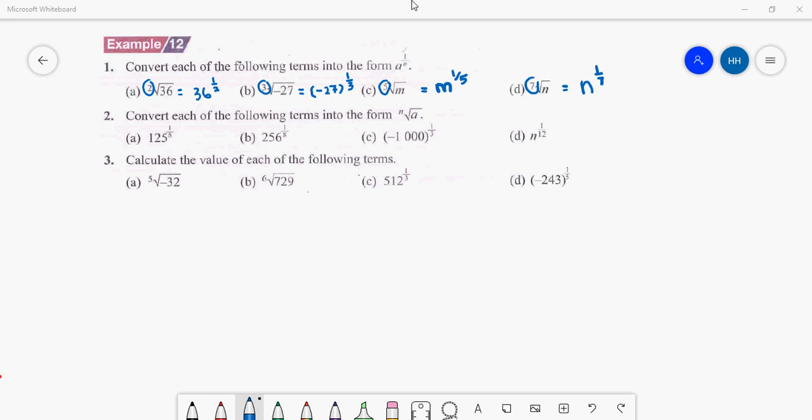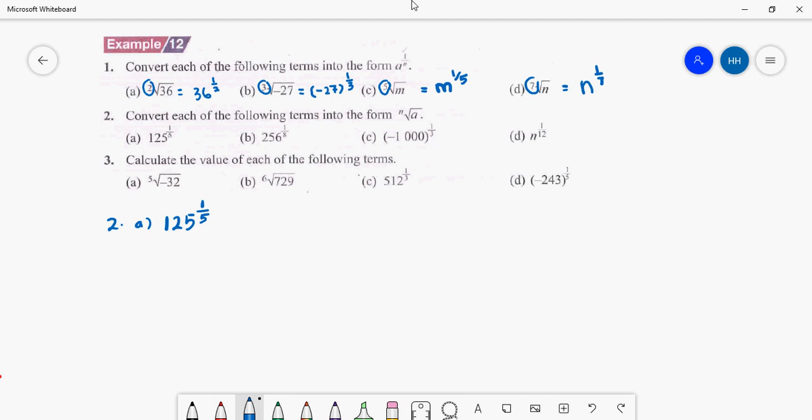Now, let's look at question number 2. Convert each of the following terms into the form n root a, given the terms a to the power of 1 over n. So for question 2a, 125 to the power of 1 over 5.